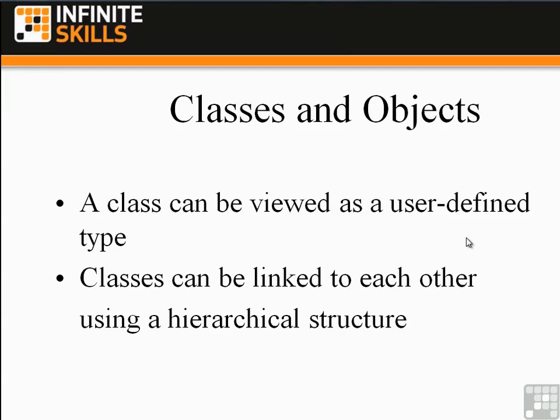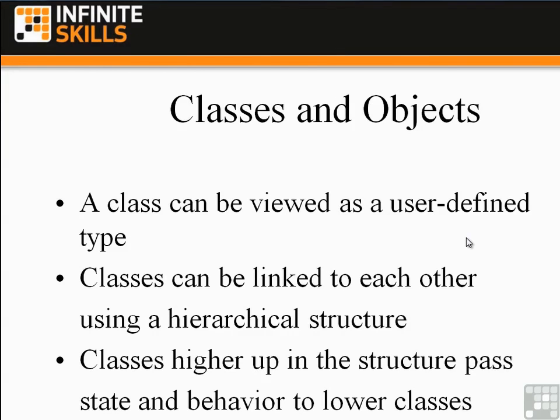So for example, both an hourly employee and a manager have a name and a date of hire. But an hourly employee will have one salary structure and a manager will have a different salary structure. So the hourly employee and the manager can inherit those characteristics that are common, and then they can have their own definitions for those characteristics that are distinct.